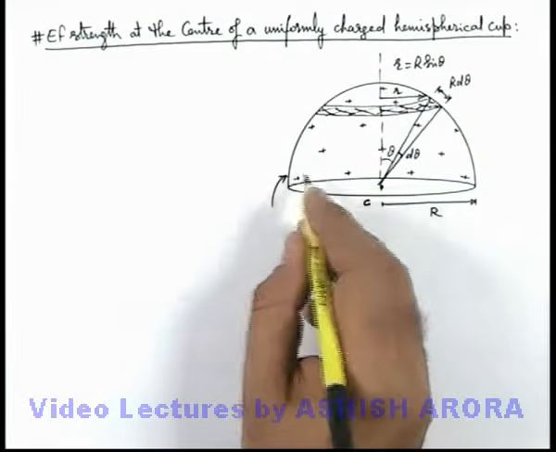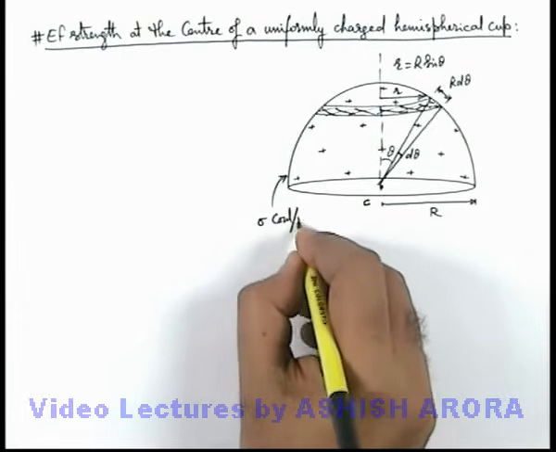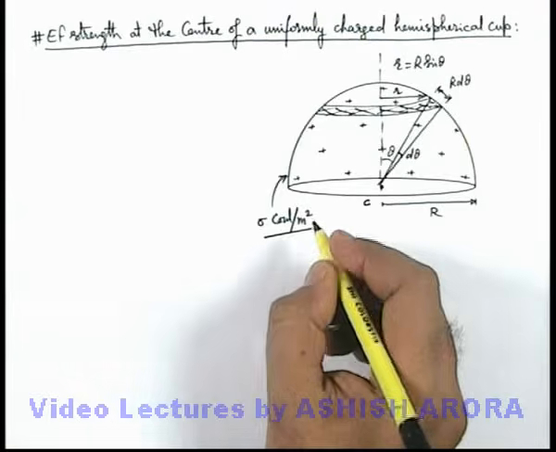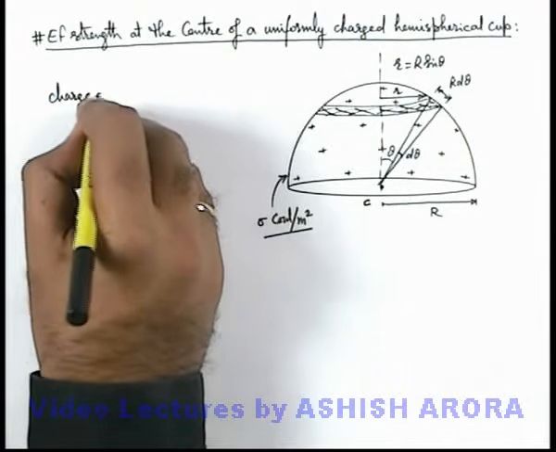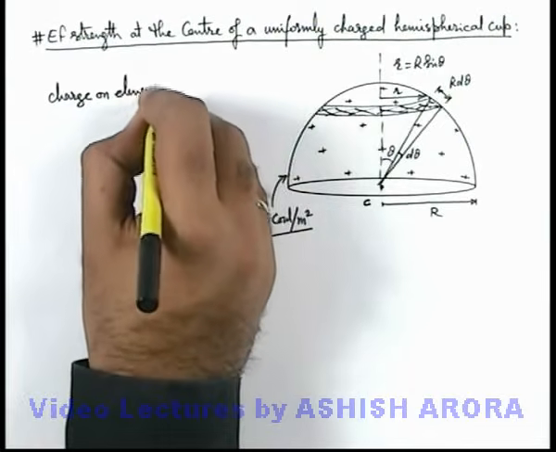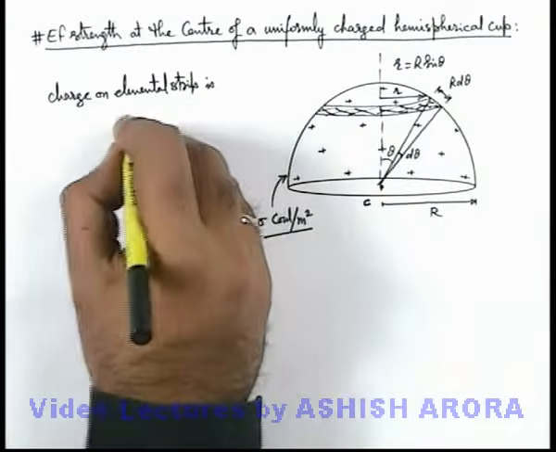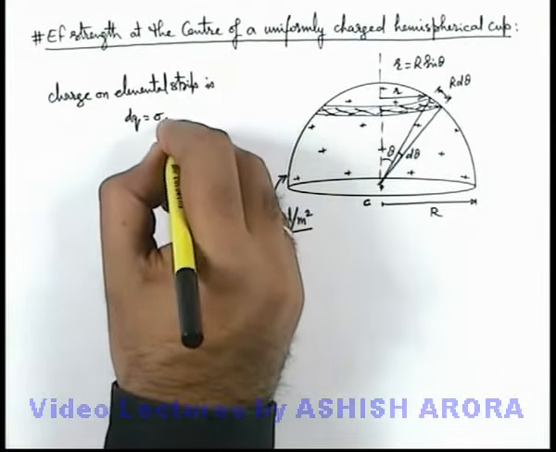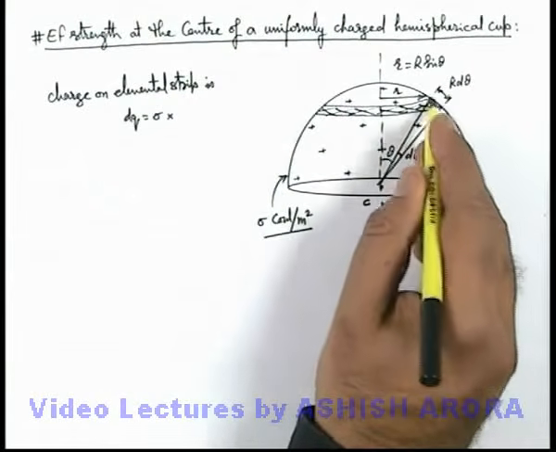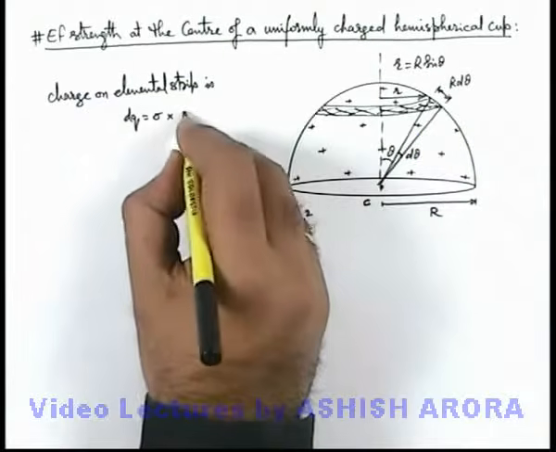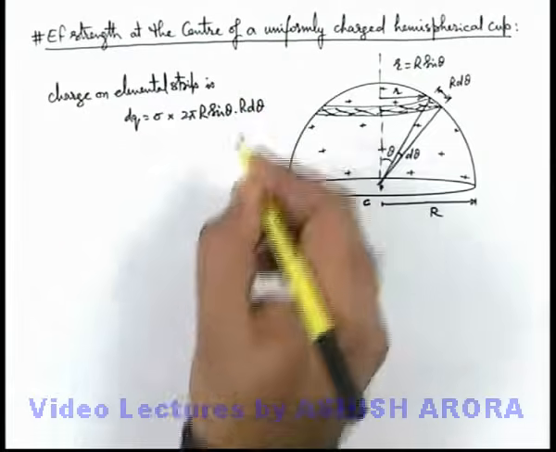Say if its surface is charged uniformly with a surface charge density sigma coulomb per meter square, then we can simply state the charge on the elemental strip is dq, which is given by sigma multiplied by the area of this strip, which is its circumference multiplied by its width, that is 2 pi r sin theta multiplied by r d theta.